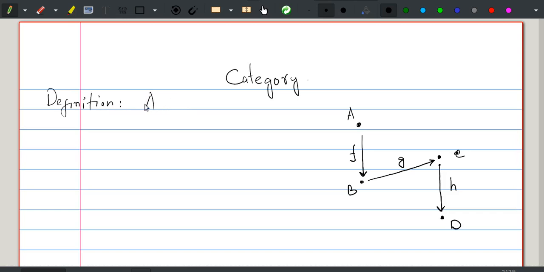A category C consists of the following ingredients.